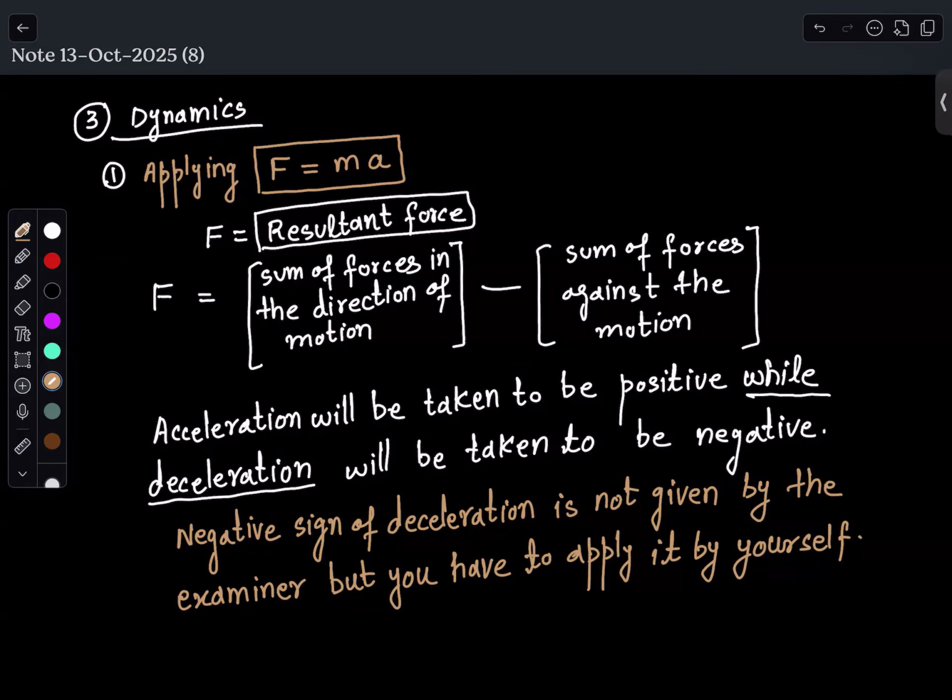Yes, sir. Mustafa, if I ask you, signs of vectors or scalars, which ones are generally ignored in the mark schemes? The vectors. And what is the reason for that? Because signs of vectors represent their directions.